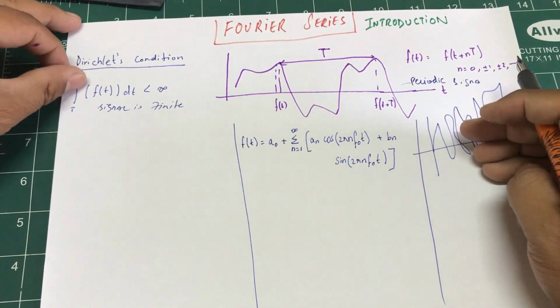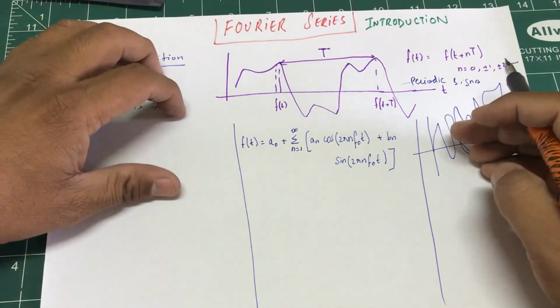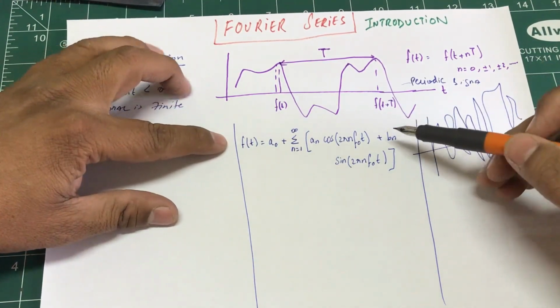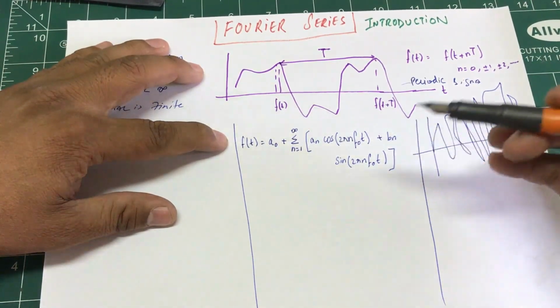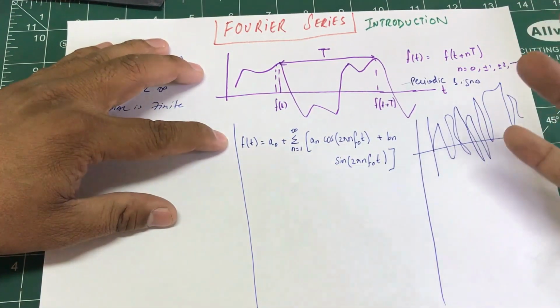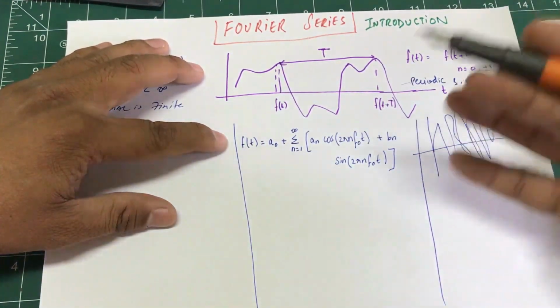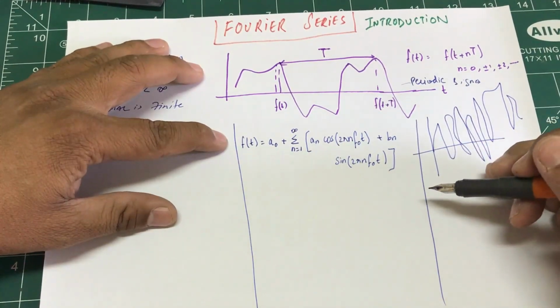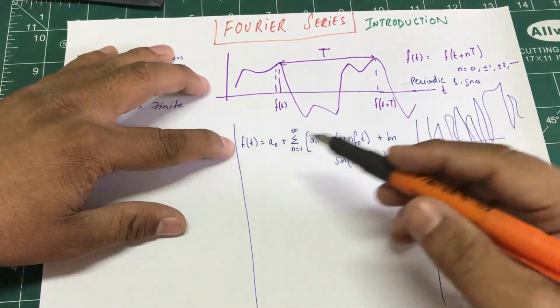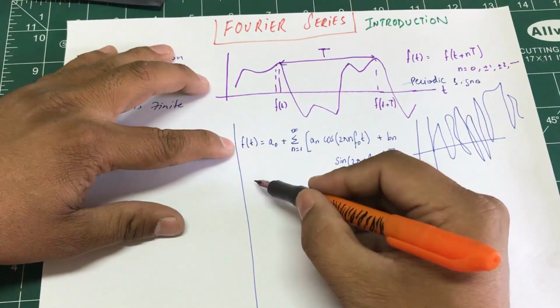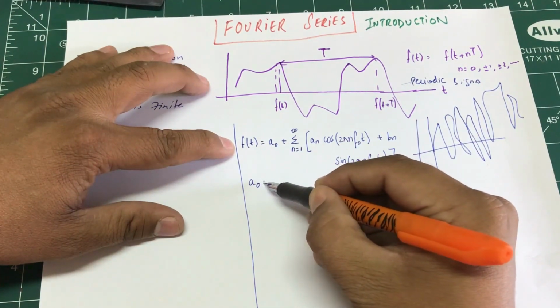So if I have a function that is finite, I can break this down into a Fourier series, which means I can look at the sinusoidal or cosinusoidal components of this particular signal. Here, a naught is going to be your DC component.